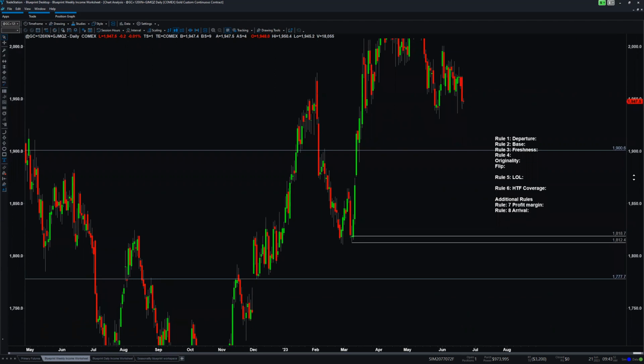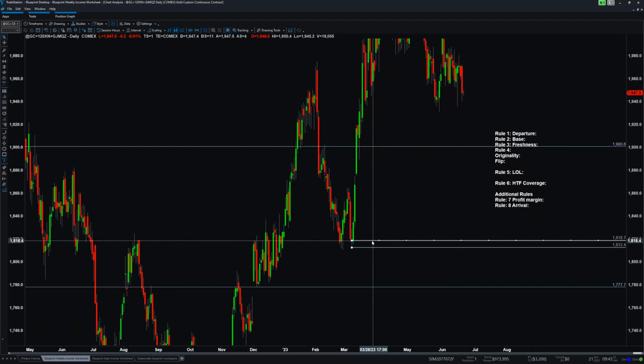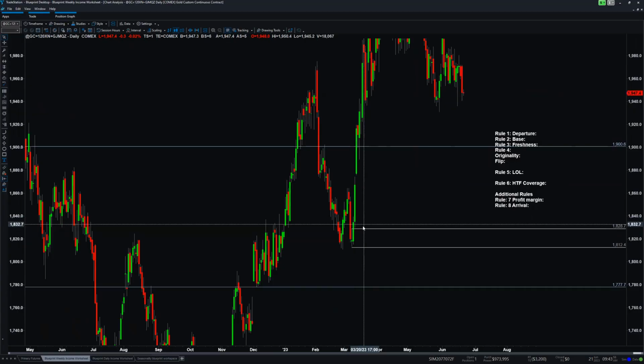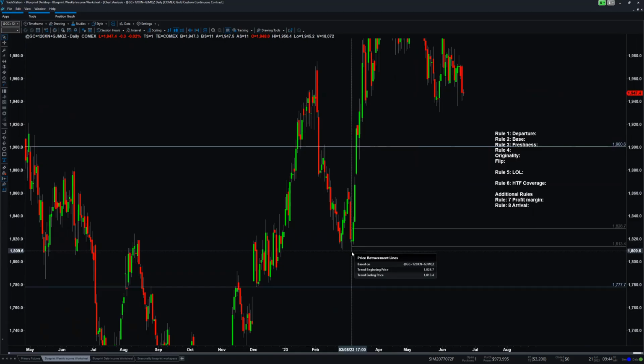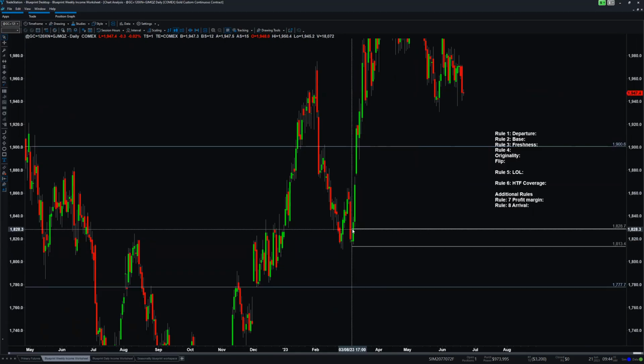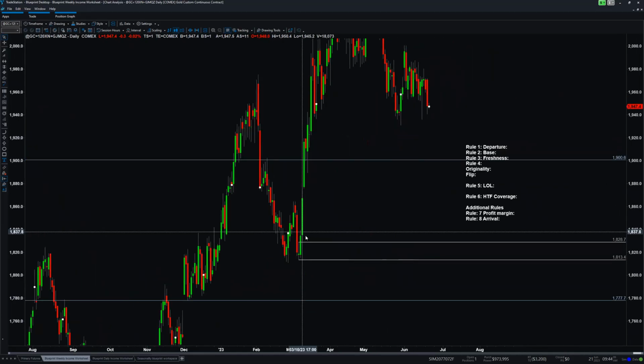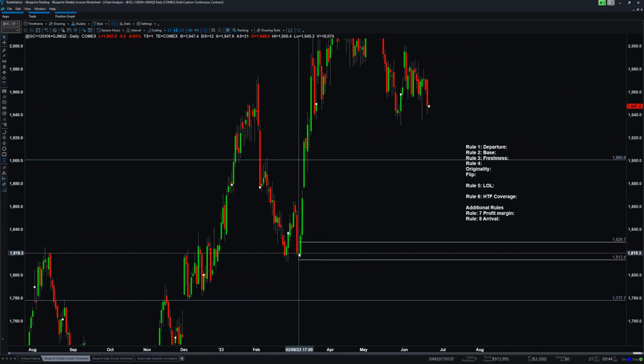And so what I'm going to do in this case is I'm going to put my proximal on the wider version of the base, right? So on the highest wick of the basing candles. And I'm doing this because based on the preferred, this level would just be too narrow, okay?